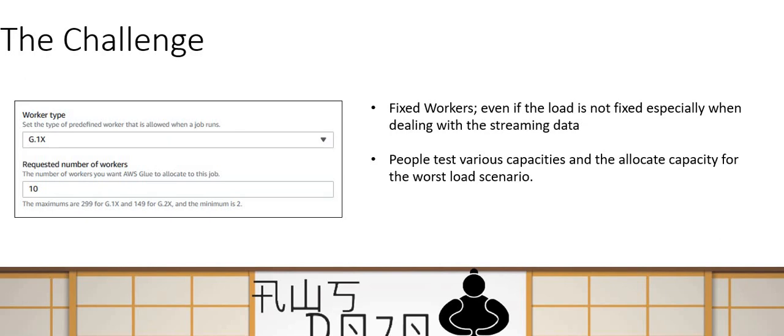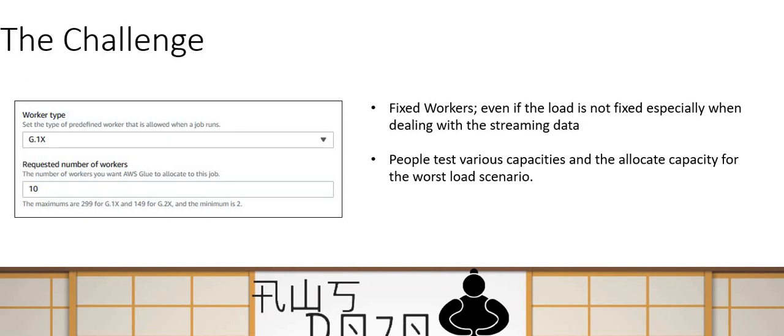For instance, if you are using a Glue job to process your streaming data, streaming data is generally not fixed. Sometimes you have high volume of streaming coming, sometimes low volume, and in that case, if you try to work with a fixed number of worker nodes, it creates a challenge for you.